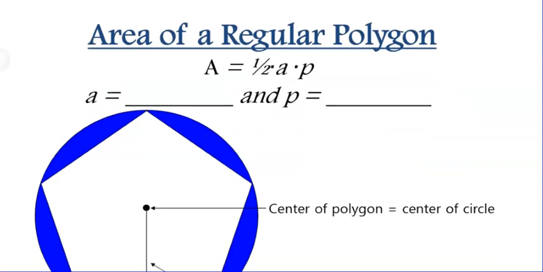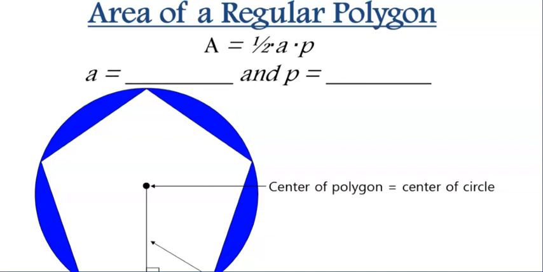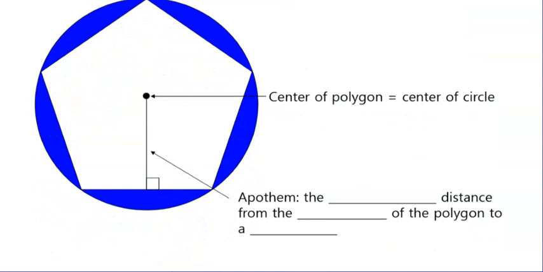Now, the area of a regular polygon is this fancy formula here, 1/2 A times P. A is what's called the apothem, and P is the perimeter. Okay? So, 1/2 A times P. So here's our shape.